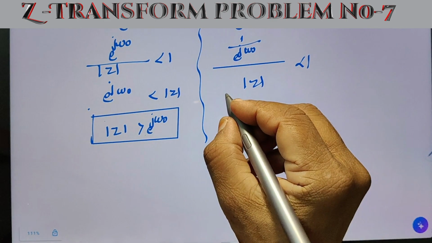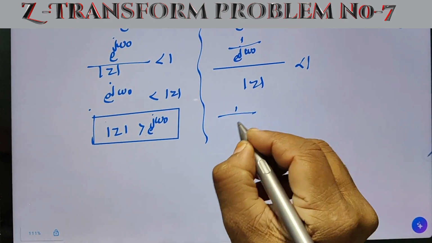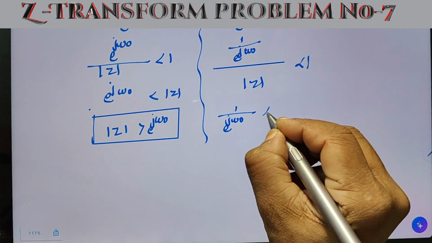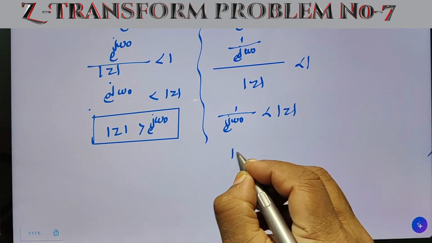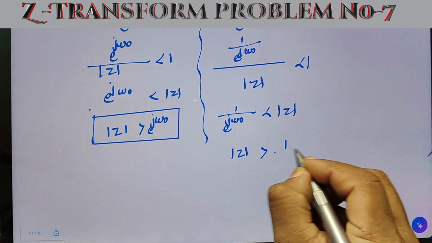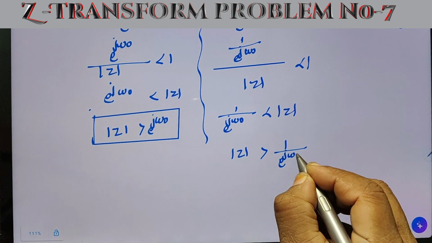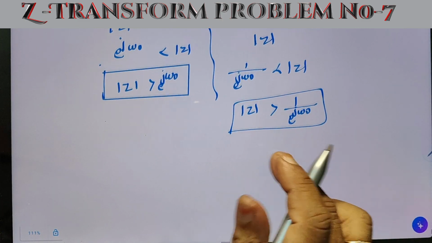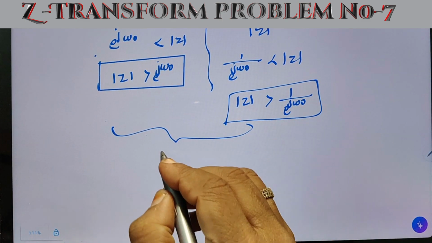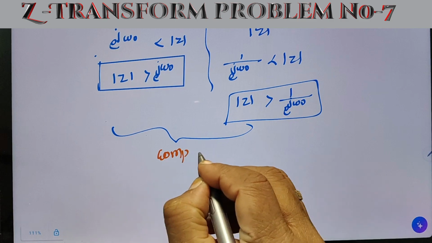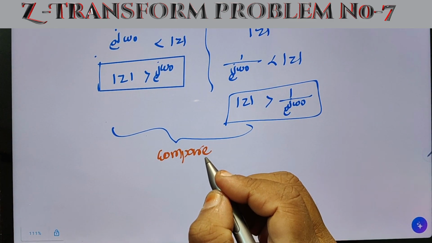Next, 1 by e power j omega naught less than modulus z, so modulus z greater than 1 by e power j omega naught. Just compare these two ROCs for the final conclusion.